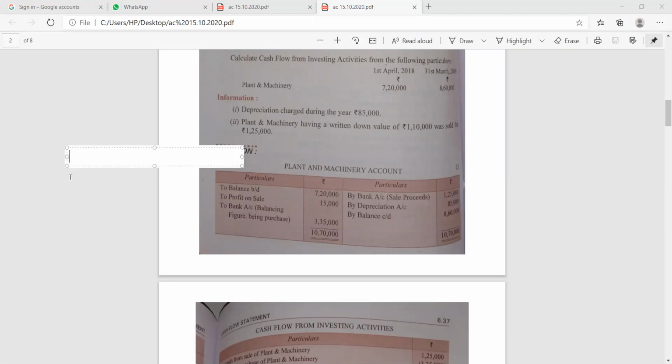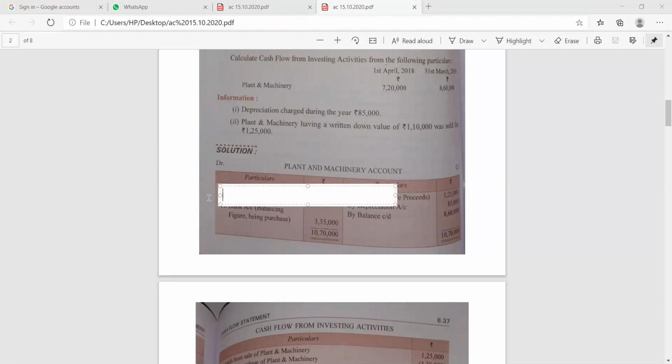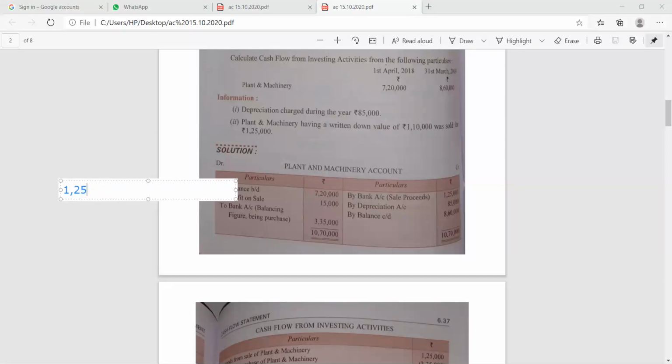Whatever calculation I am just doing here, please do in your books as well, along with this point, that is related to profit on sale. The profit on sale: the market value that we are selling at is 1,25,000 minus 1,10,000.